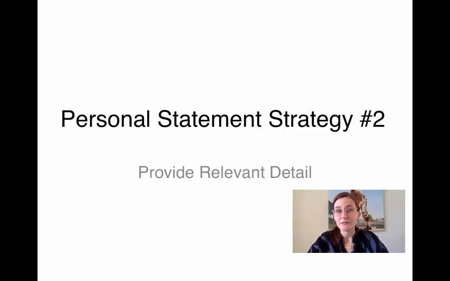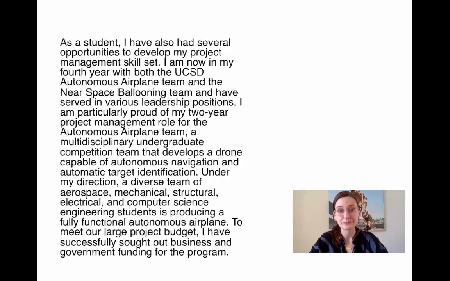The next strategy is very much related to the first one. This is providing relevant detail. So here we have a sample from an engineering student, and this student writes in this paragraph about his experience with two different engineering teams. And in addition to just making the statement that he was a part of those teams, he gives relevant detail that outlines his role on the teams.